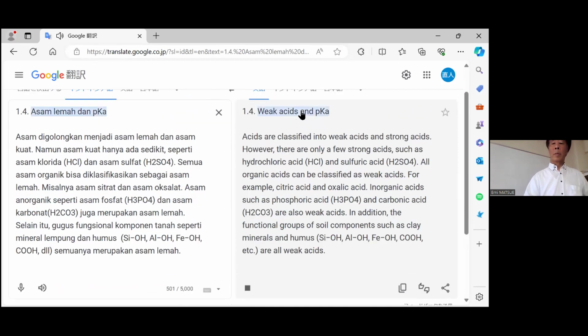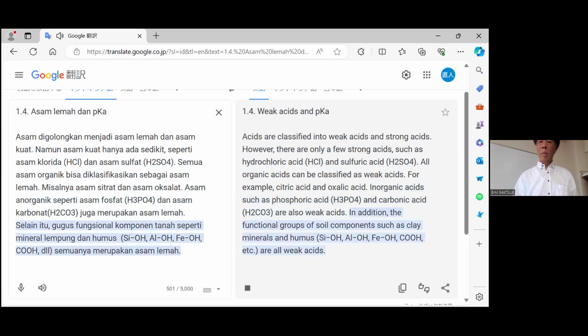Acids are classified into weak acids and strong acids. However, there are only a few strong acids, such as hydrochloric acid, HCl, and sulfuric acid, H2SO4. All organic acids can be classified as weak acids, for example, citric acid and oxalic acid. Inorganic acids such as phosphoric acid, H3PO4, and carbonic acid, H2CO3, are also weak acids.